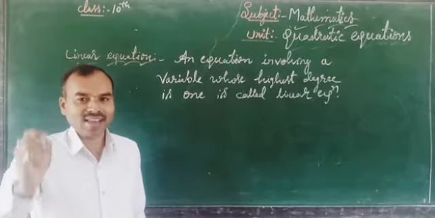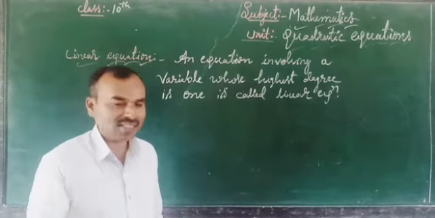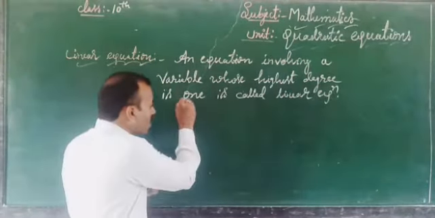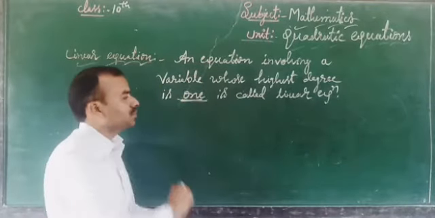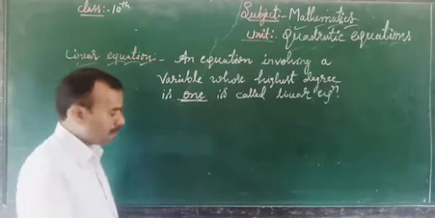Okay, dear students, an equation involving a variable of first degree, whose highest degree is 1, is called a linear equation. Now let us take an example.